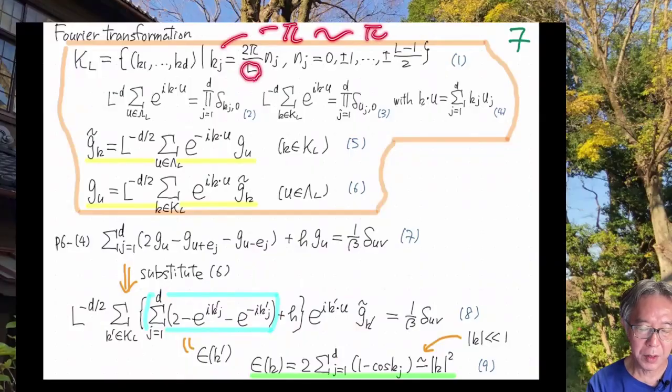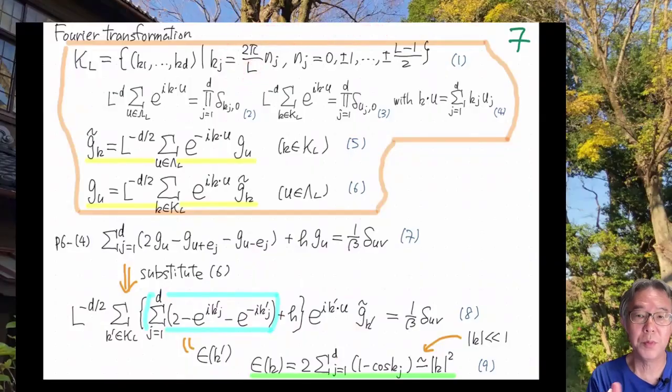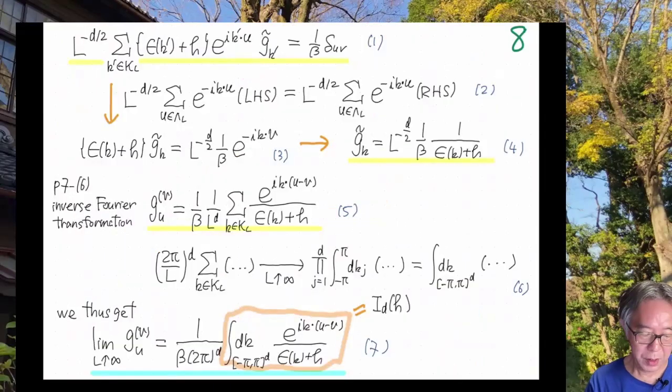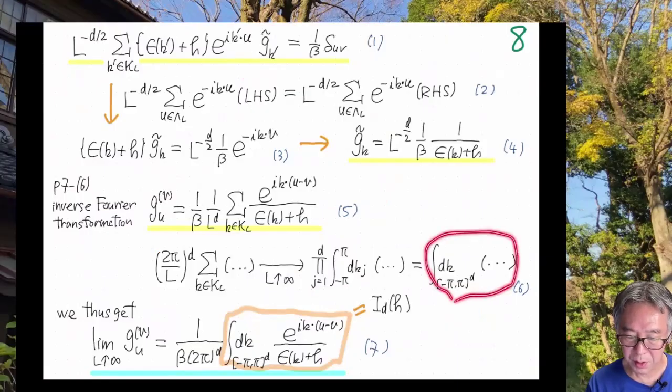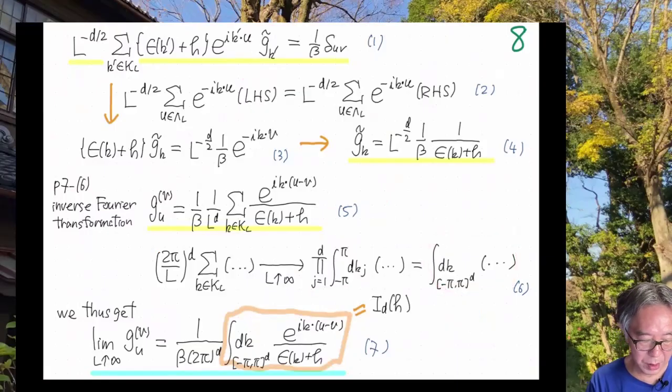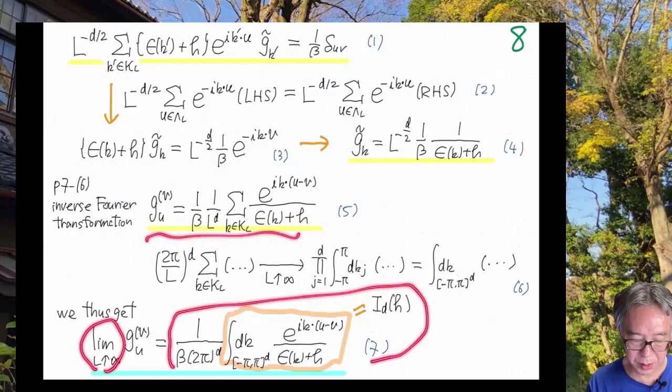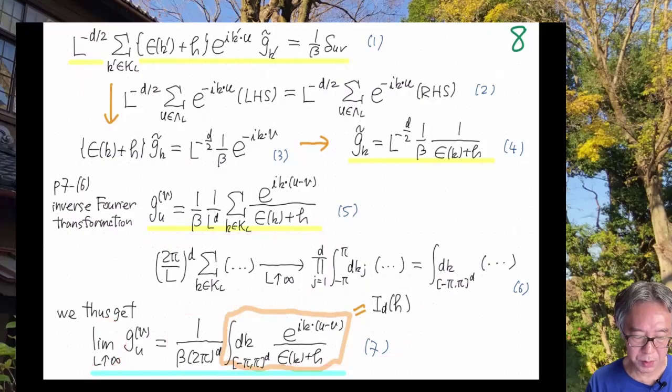And if you make L larger and larger, this approaches a continuum. And this exactly converges to this Riemann integral. Okay, and you can write it this way. So by taking the infinite volume limit of this, we get this exact expression in terms of an integral. So let me write this as I_d(h).